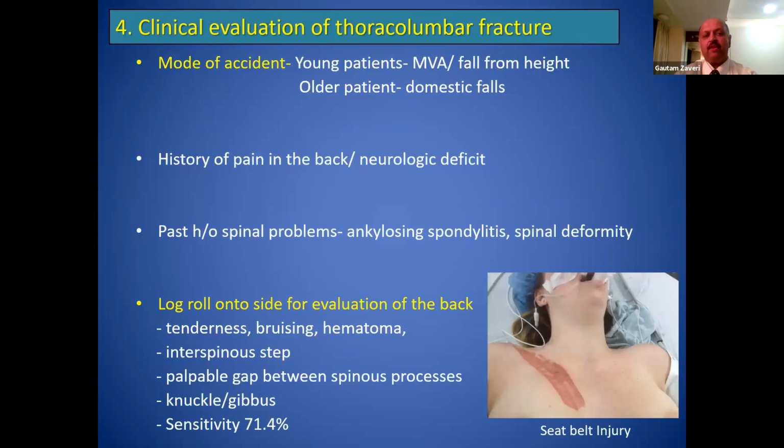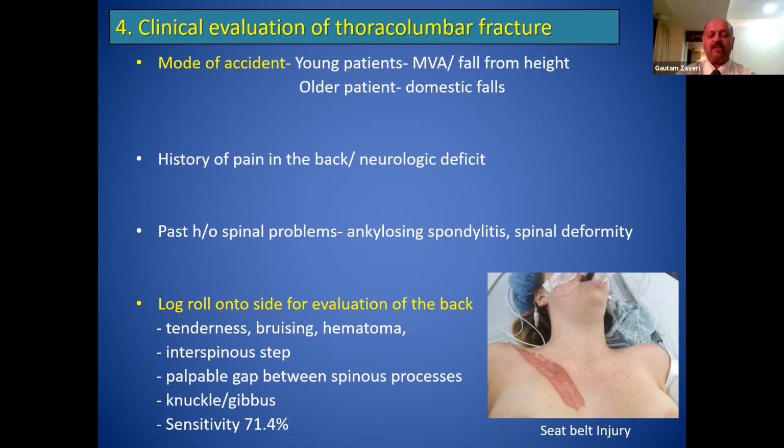Having ruled out other injuries, the next job is to examine the patient's thoracolumbar spine. The clinical evaluation starts with understanding the mode of accident. In young patients, it is usually a high velocity injury occurring secondary to a motor vehicular accident or a fall from height.